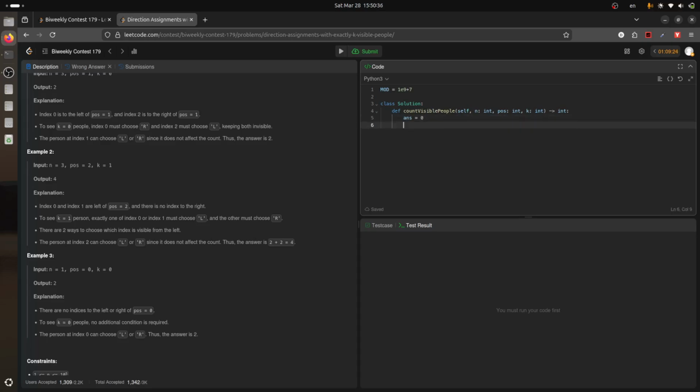So we go for i in range pos, right? And now this is how many people to the left of us will have L, right? How many options is that?